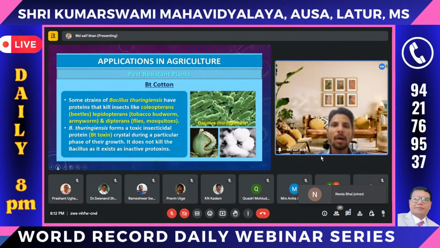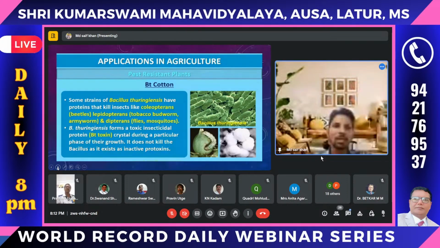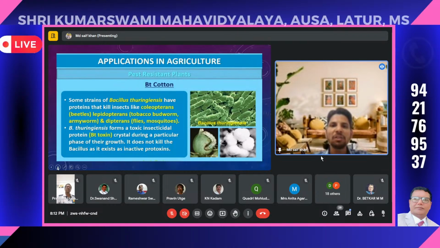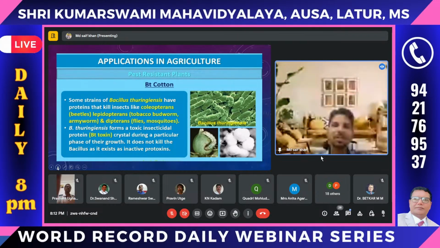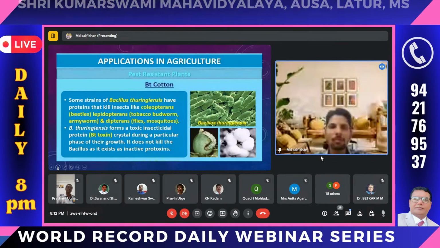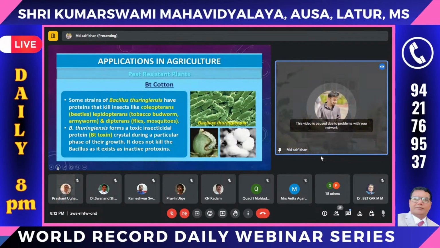These genes produce a protein which is called Bt toxin. So when this Bt toxin protein is eaten or chewed by various pests, in the gut of that body it will form a toxin and kill those insects.